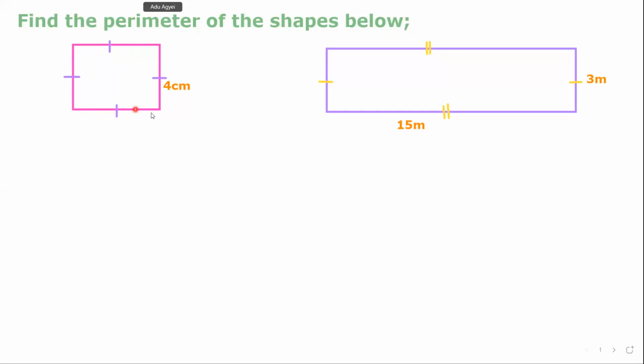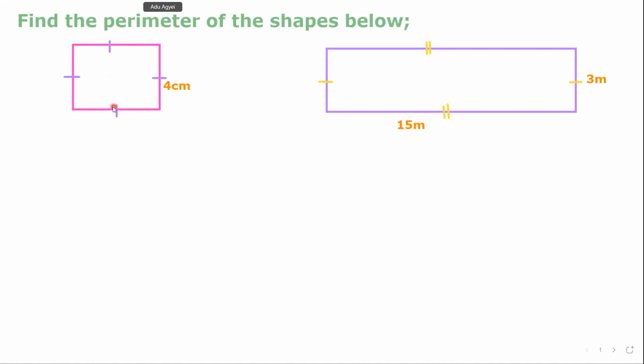So we have this line, this line, this line, this line. So in all, the first shape here is formed by 4 line segments, and per the indicators on the lines, which show that all the lines are what? Equal, because they have the same mark on them.